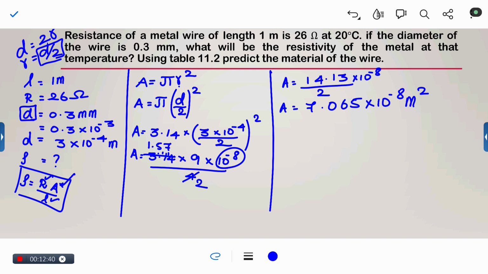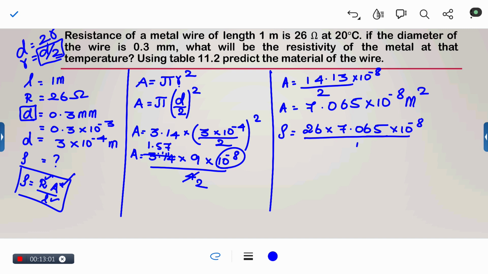Now we have this value, so substitute in the formula. Rho is equal to R, which is 26, into 7.065 into 10 to the power of minus 8, by 1. Any number by 1 is the same number.